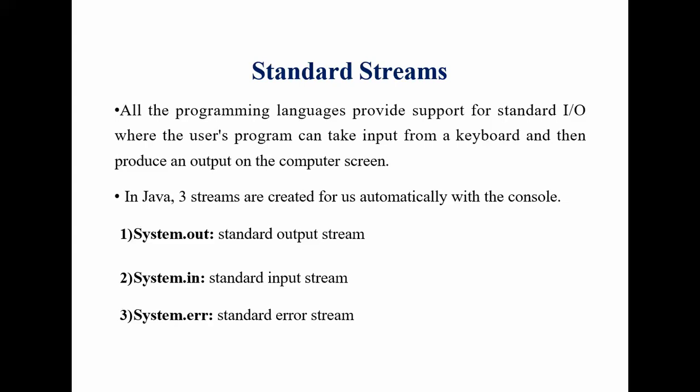If you want to take a runtime input in Java programming, the standard stream we use is System.in. And for error or exception handling, or error streams, if you want to display an error message onto the screen, we use System.err.